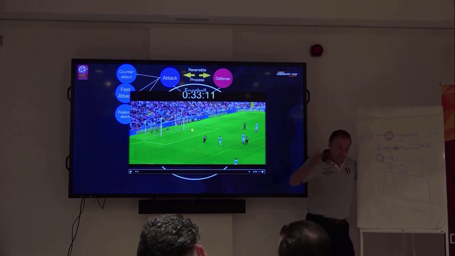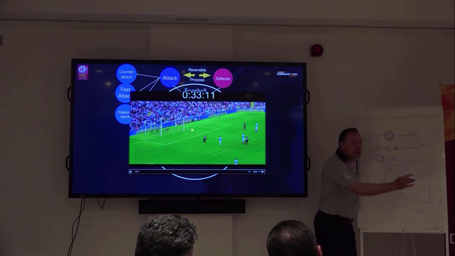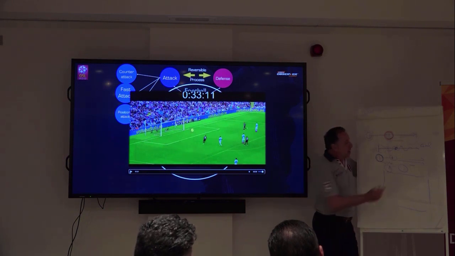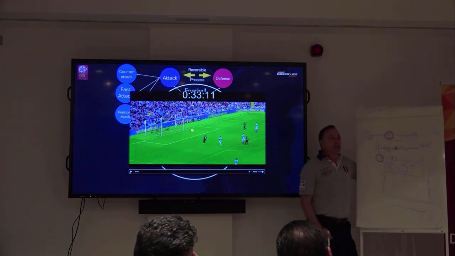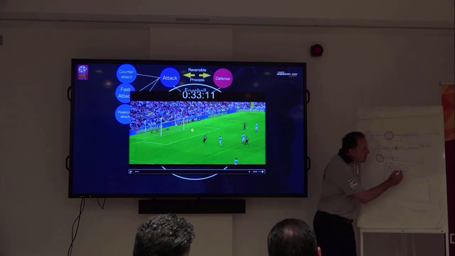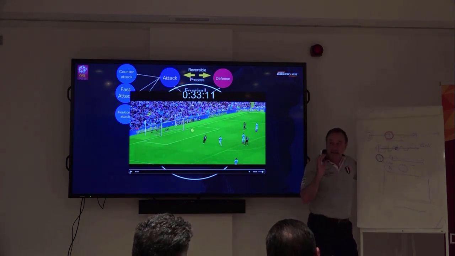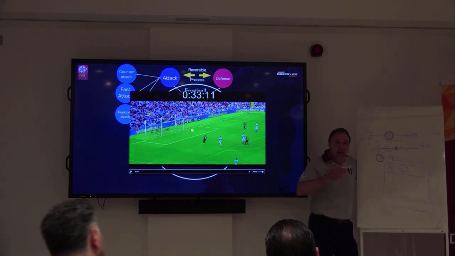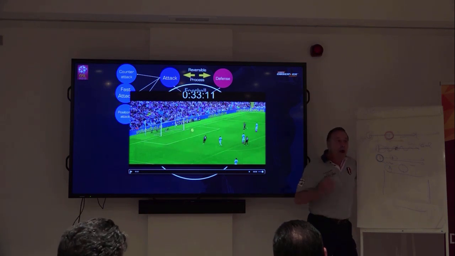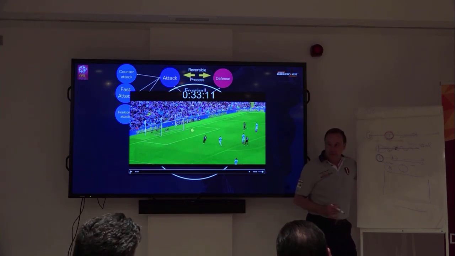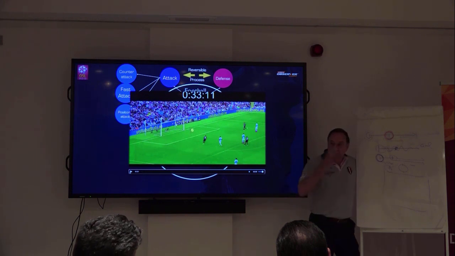Ball position. The goal is ball position. So, 5 minutes of ball position. Every 30 seconds, I whistle. Whoever has the ball has 1 point. After 1 minute, I whistle. Whoever has the ball has 1 point.